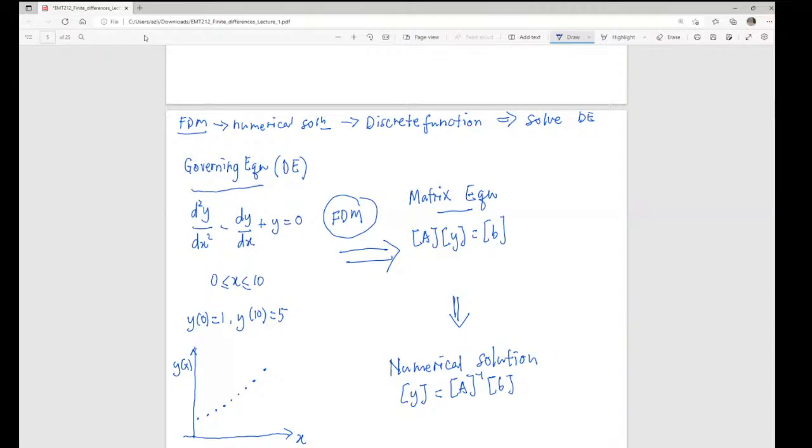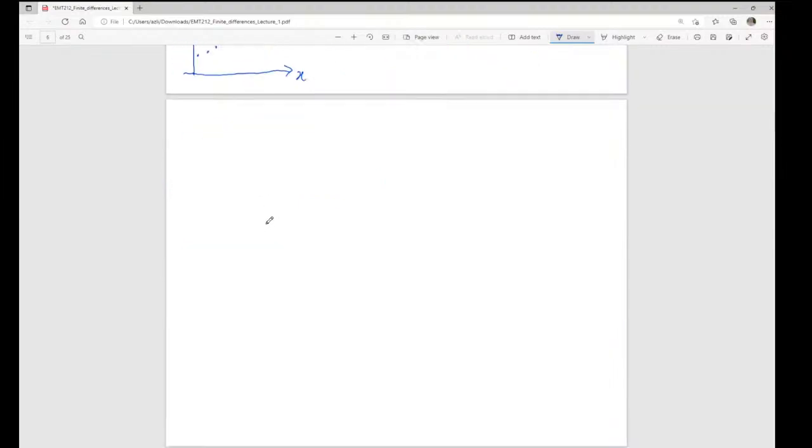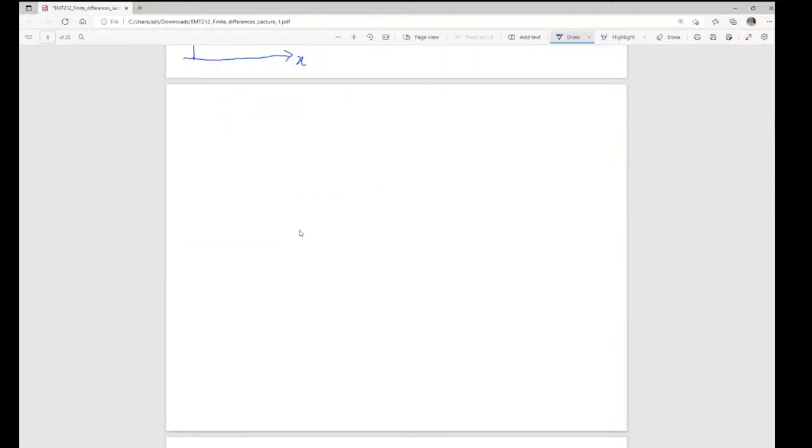Okay, now let's look at an example, a classic example. We have these previous equations, and the condition is at x equal to 0, f is equal to 1.